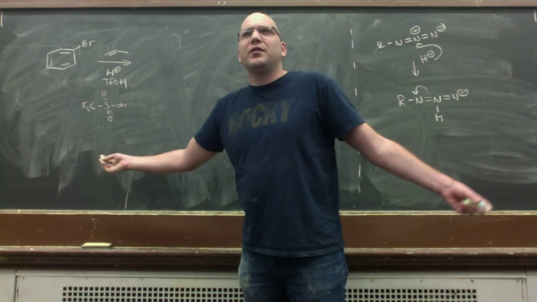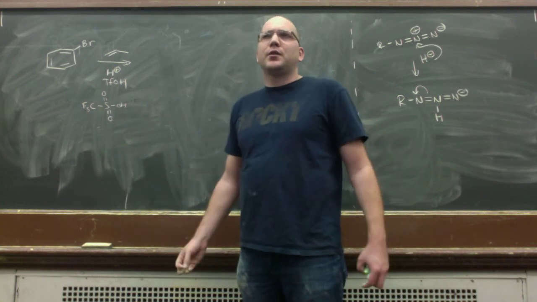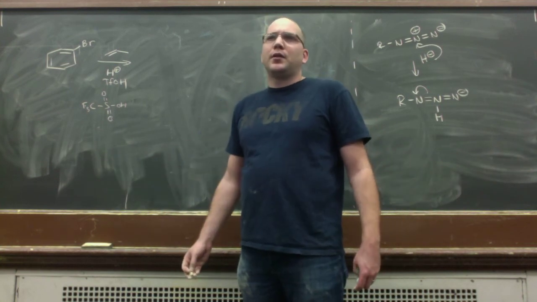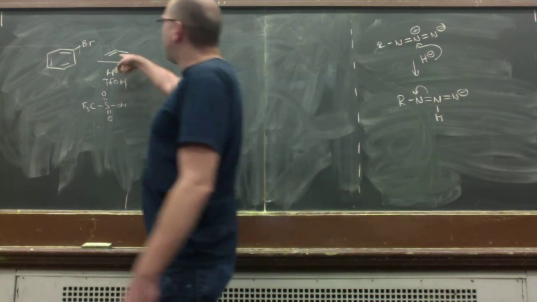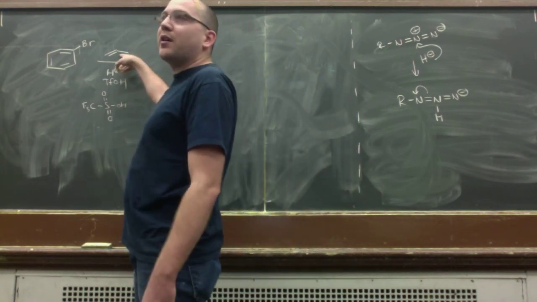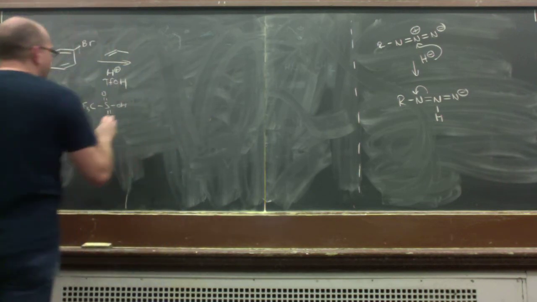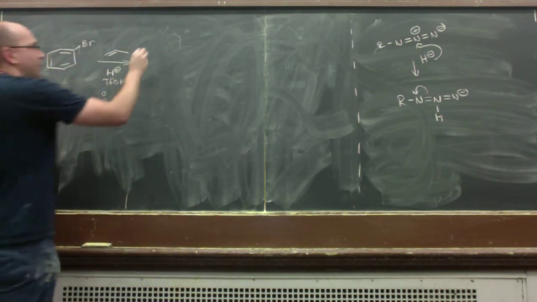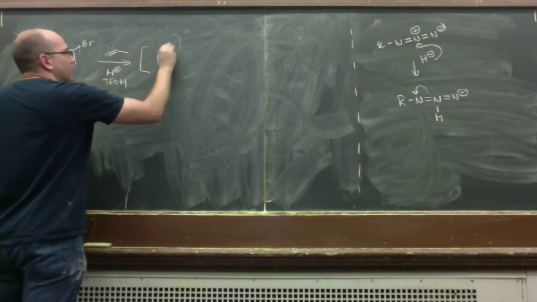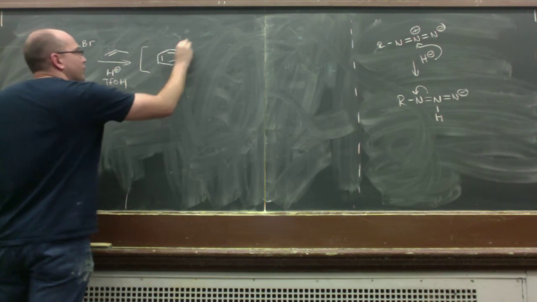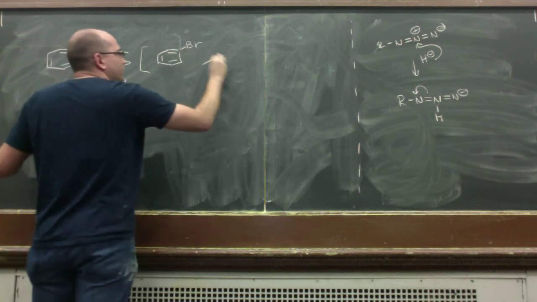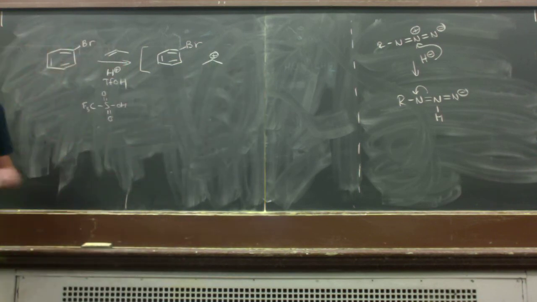I know the Lewis acid, how would it act? Yeah. So what this is going to do is it's going to react with this to make the secondary carbocation, exactly. And now that's going to serve as our electrophile.